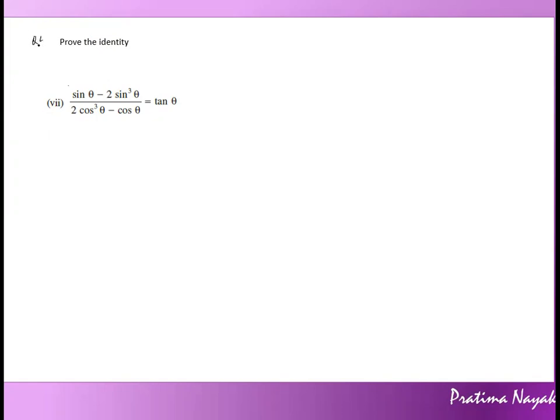Part 7: (sin theta minus 2 sin cube theta) upon (2 cos cube theta minus cos theta) is equal to tan theta. So I'll write LHS: sin theta minus 2 sin cube theta, whole upon 2 cos cube theta minus cos theta.